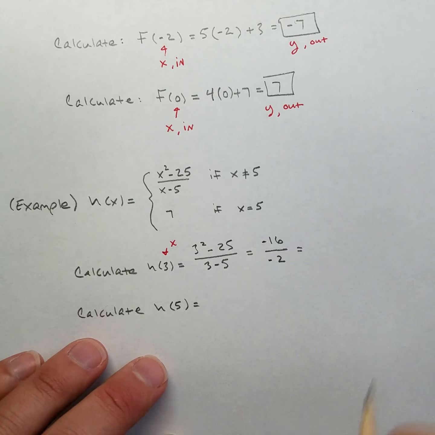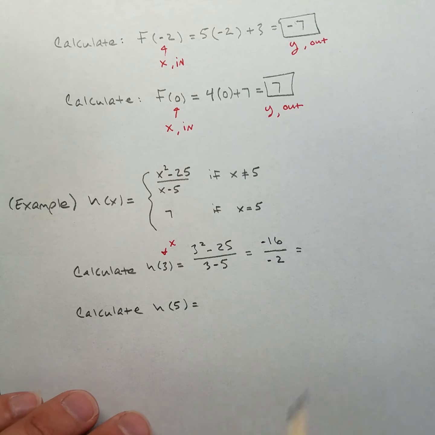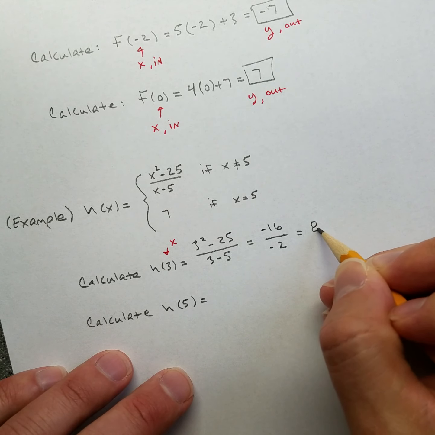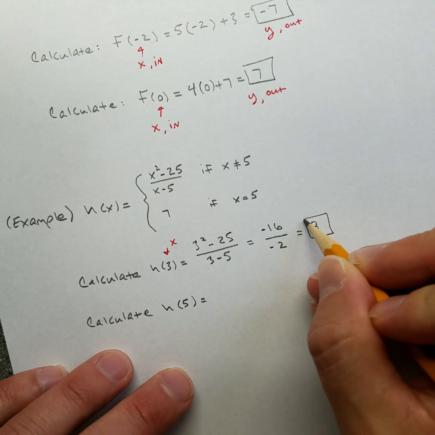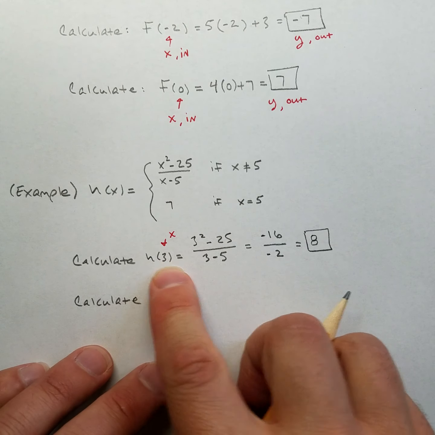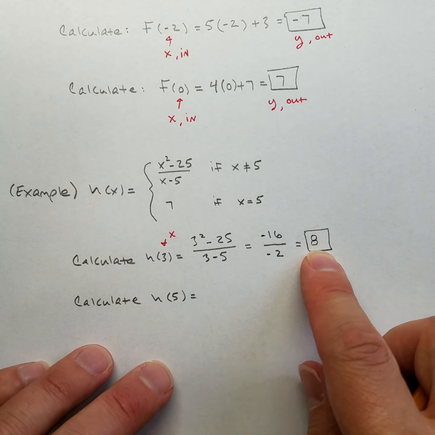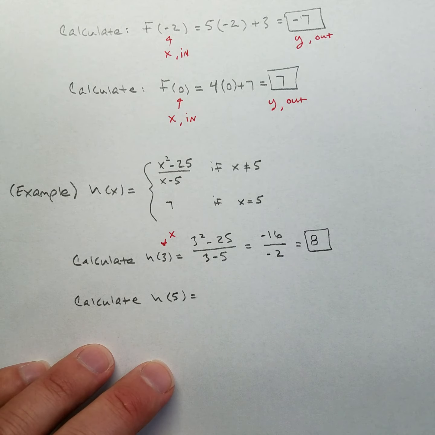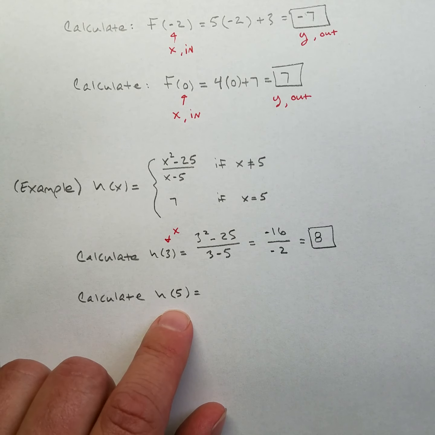And then we know what 16 over 2 is. It's 8. Negative 16 over negative 2 is also 8. Okay. So 3 is the input, 8 is the output. 3 is the x, 8 is the y.